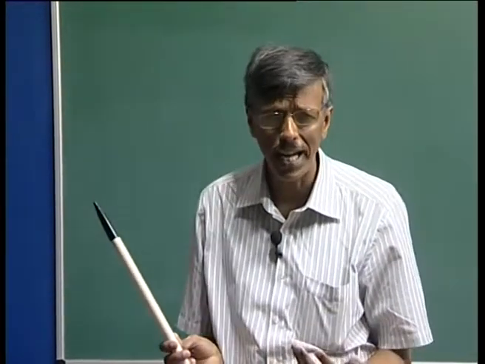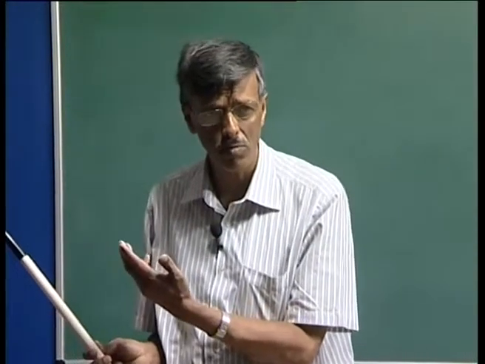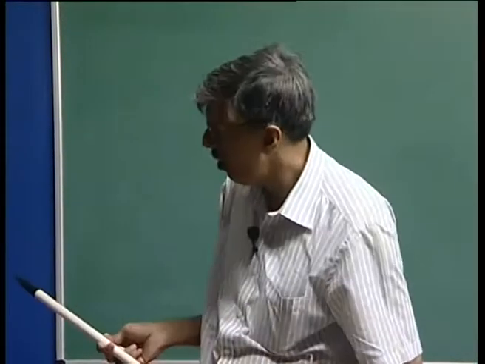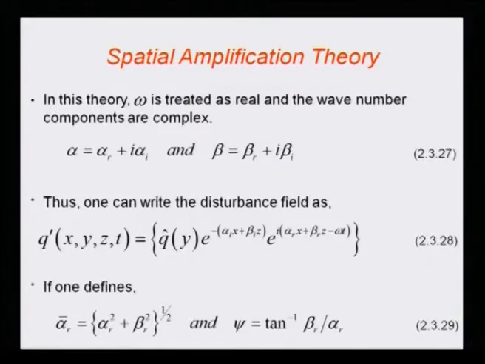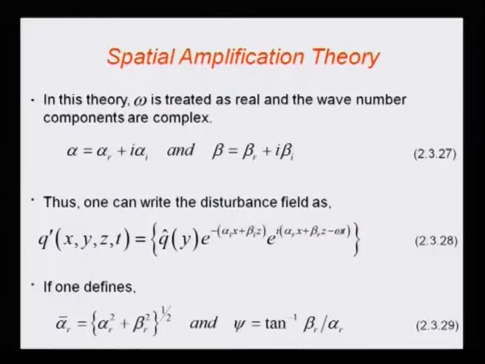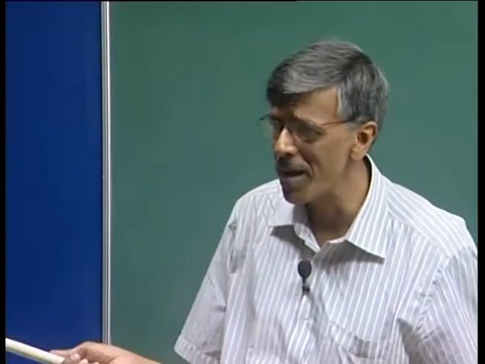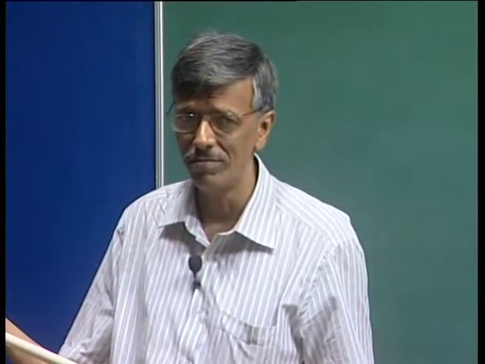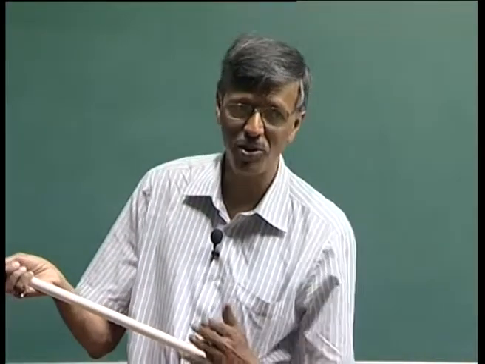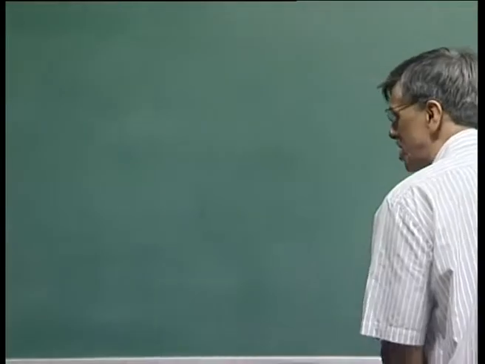That would indicate the direction in which the disturbance is propagating. However, alpha I and beta I need not be in the same direction. That means the wave may go in one direction, but it can grow in some other direction. This is something that we must appreciate.